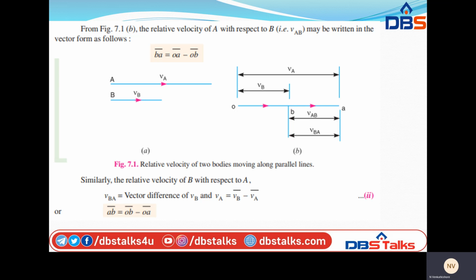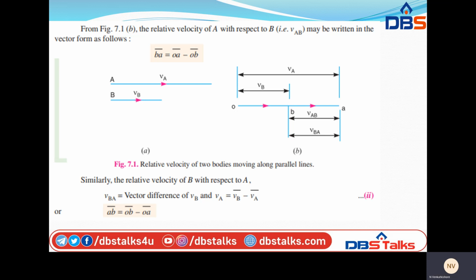Similarly, consider the relative velocity of B with respect to A. In the case where VB is more than VA, the vector difference is VBA equals VB vector minus VA vector.